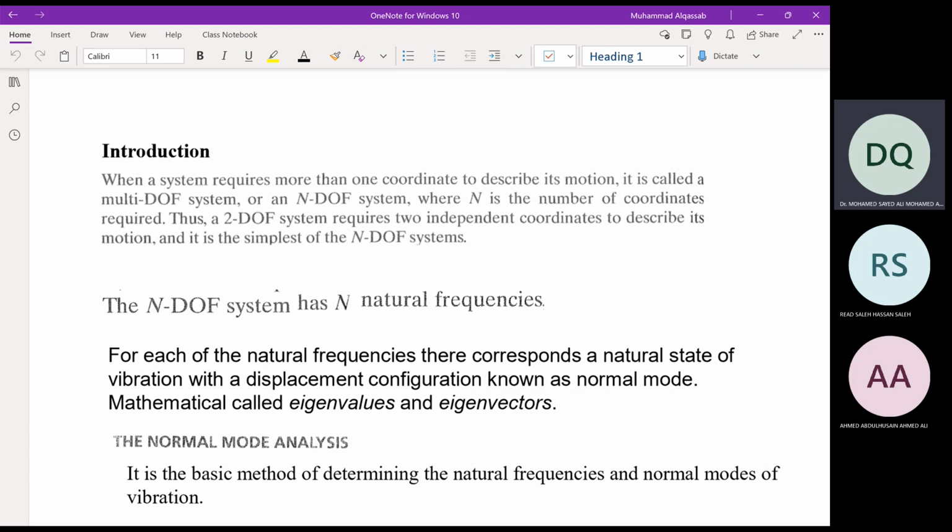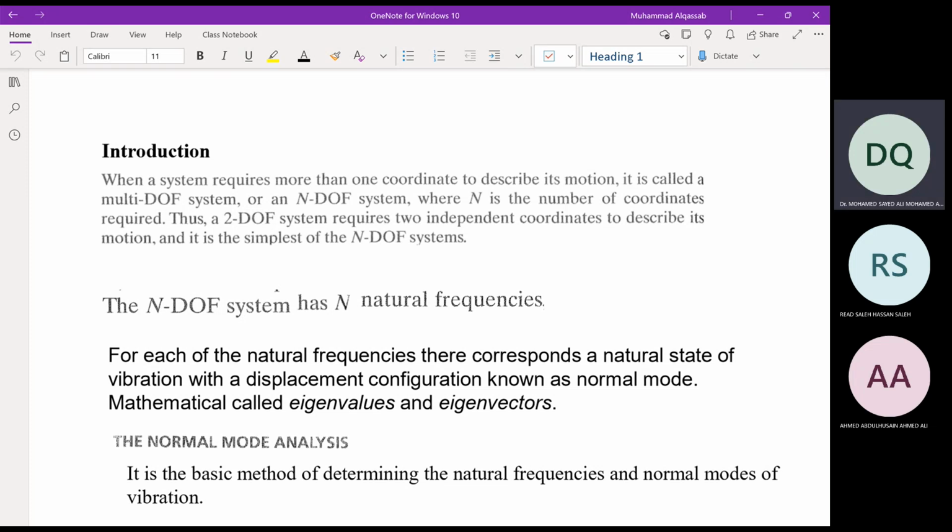You can put all what we did so far and generalize it to a system of 2 or more degrees of freedom. Okay, 2 or more, sometimes it's called a multi degrees of freedom system.